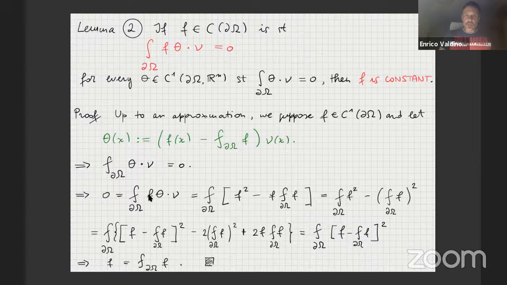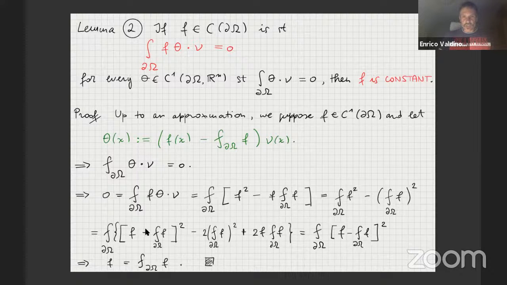But I know that theta is just this expression here. So I multiply f by f, I get f squared. Then I have f times the average of f. And by the linearity of the integrals, this is the average of f squared minus the average of f squared.